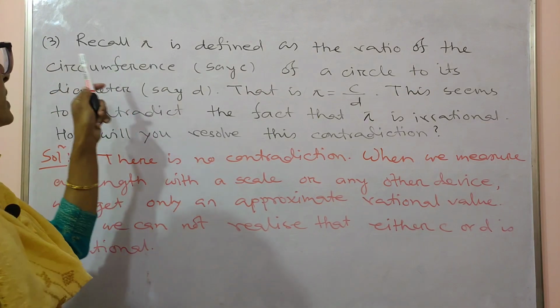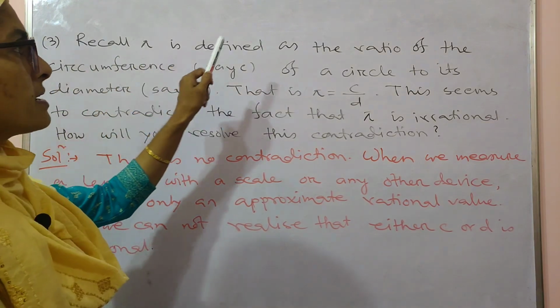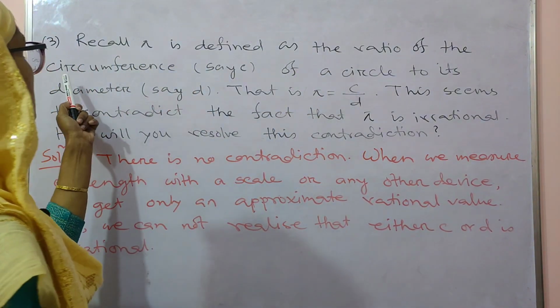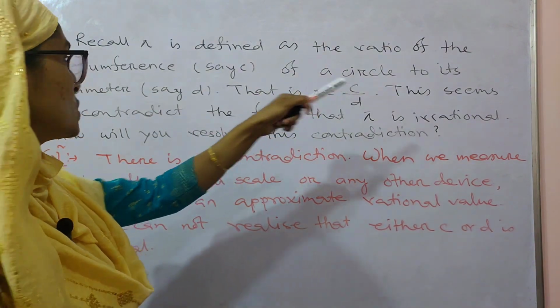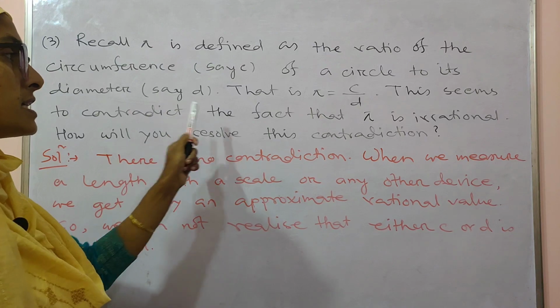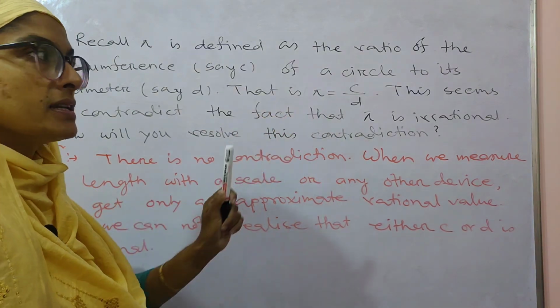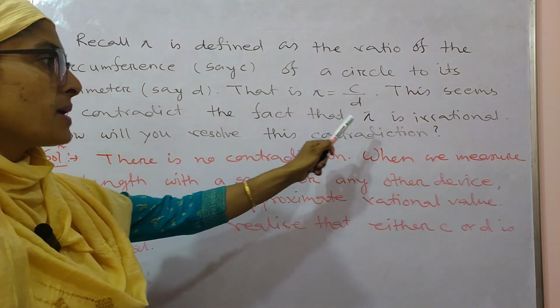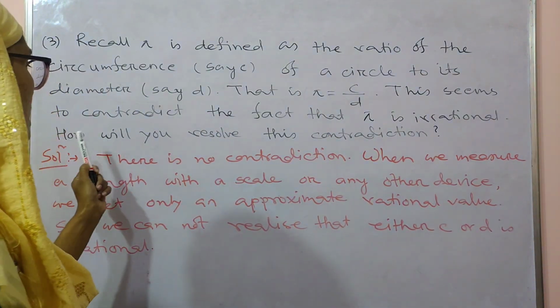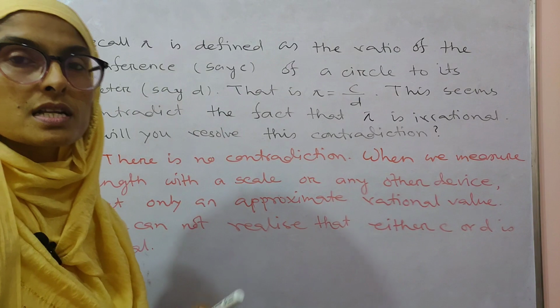Number 3. Recall pi is defined as the ratio of the circumference, say C, of a circle to its diameter. That is, pi equals C by D. This seems to contradict the fact that pi is irrational. How will you resolve this contradiction?